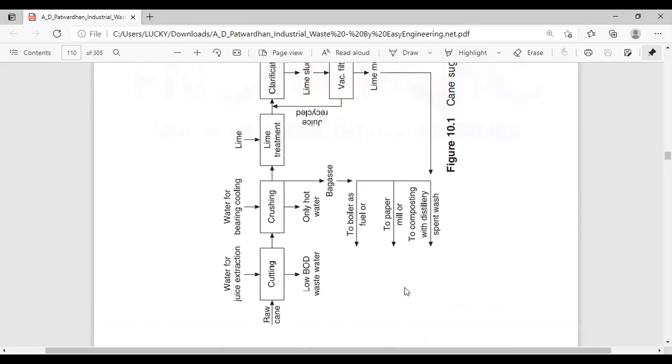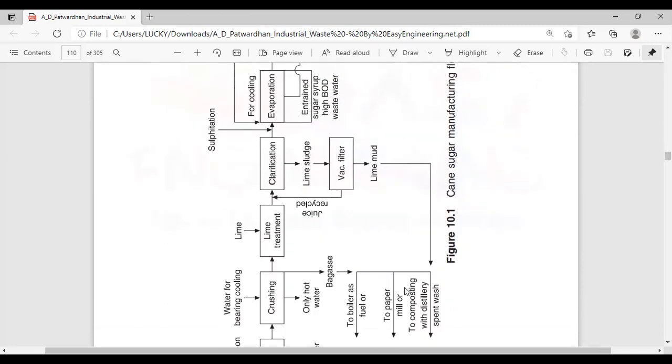Next, water for bearing cooling, the crushing, and hot water and bagasse, and next to the boiler as fuel or to paper mill or to composting with distillery spent wash line.